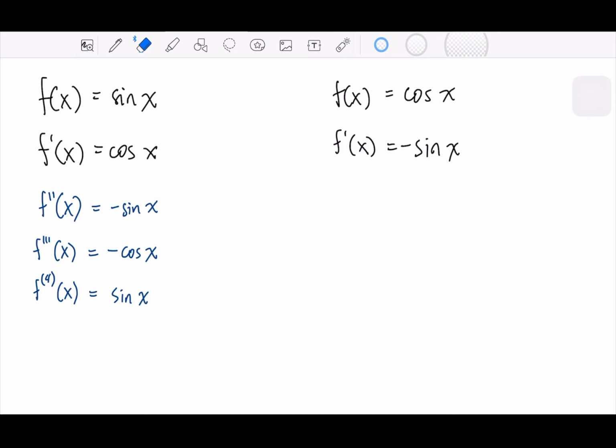So you can see the pattern: when you have a large number of repetitions of derivatives, you can think that every 4 times it goes back to the original function. It's actually a good way to think, because I think in your textbook there is a question where you derive maybe 30 or 31 times. You can think from the pattern.